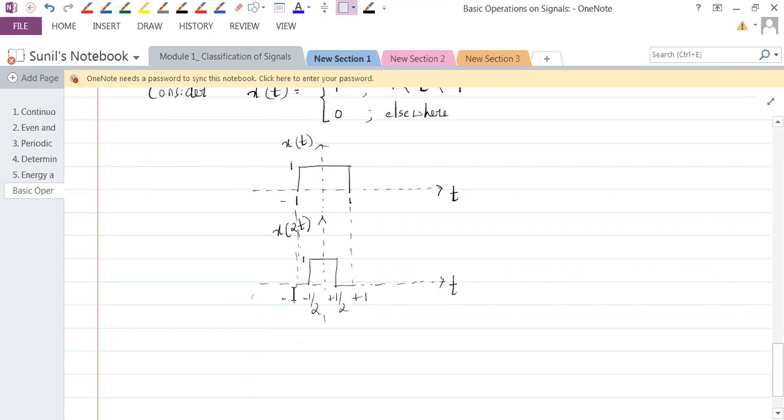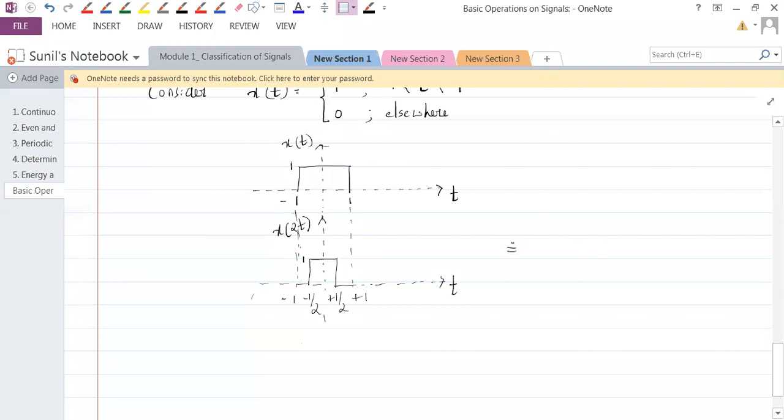If you want this to be 1 and minus 1, then this should be minus half and plus half. That means earlier x of t was ranging from minus 1 to 1. Now x of 2t would range from minus half to plus half.